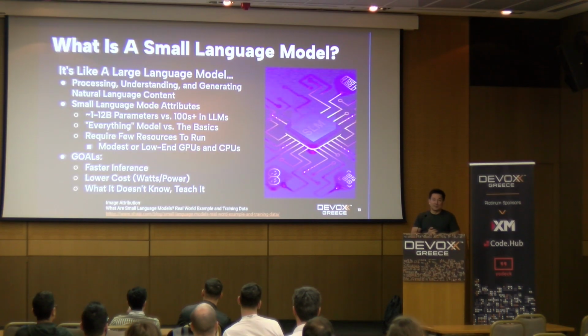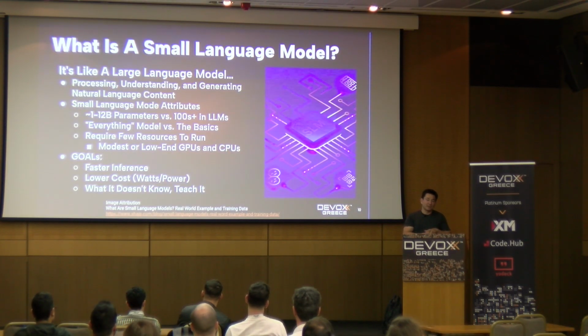Or you can even run them on CPU and they'll perform just fine. So the goal is cheaper, faster inference, and if it doesn't know a particular domain, you take that small language model and you teach it that thing. That's what a small language model is in a nutshell.